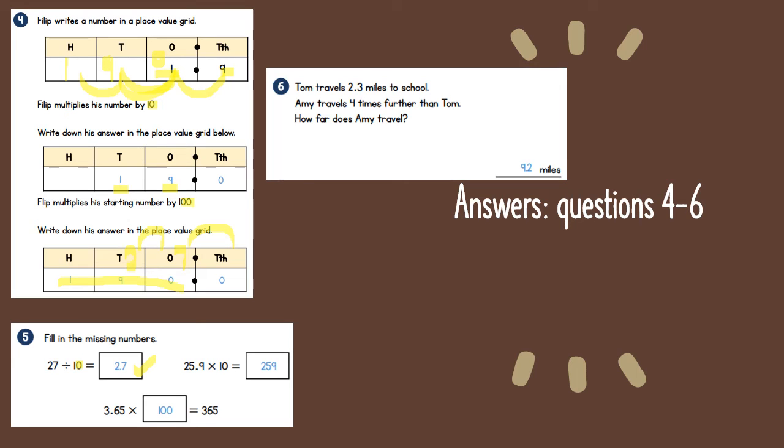25.9 multiplied by 10, I am moving to the left by 1. Once moving to the left because I have 1 placeholder, which gives me the answer of 259. And then I've finally got 3.65 multiplied by something gives me 365. Now remember, when you are increasing, which is you're using multiplying by whatever number it will be, you move to the left.